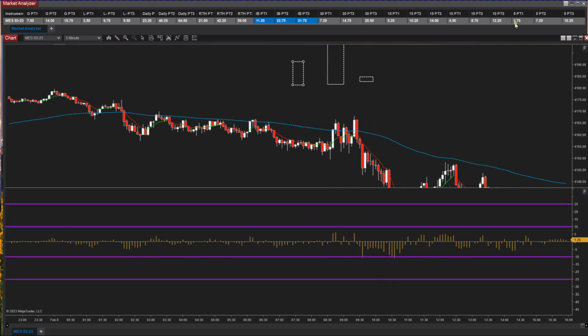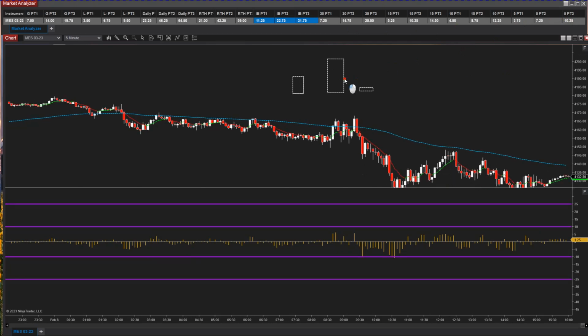On my PT indicator, you see that I show that a 5-minute range, the full range, the PT3, was 10.25 today. So I already knew that it was going to be a 10-point range, and I still kind of fubbed it up.